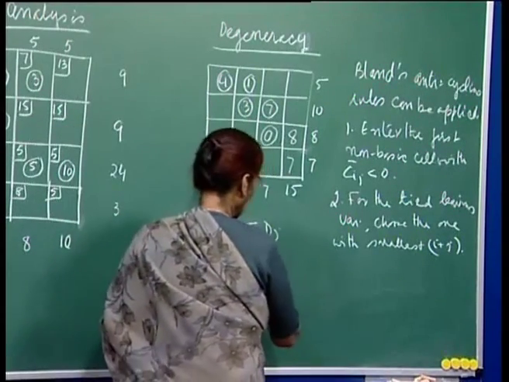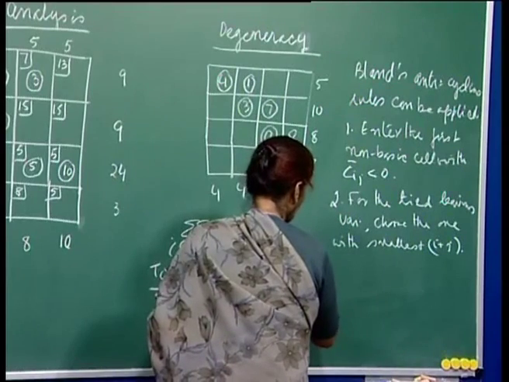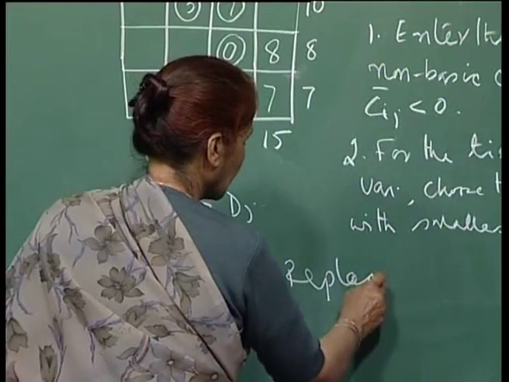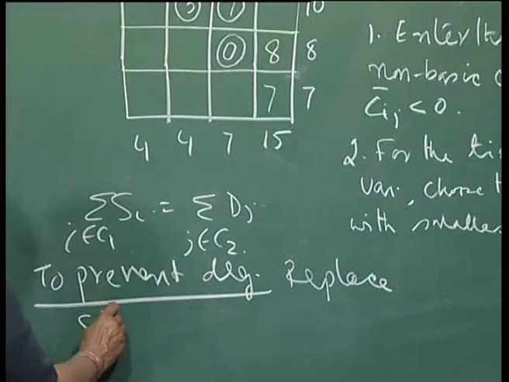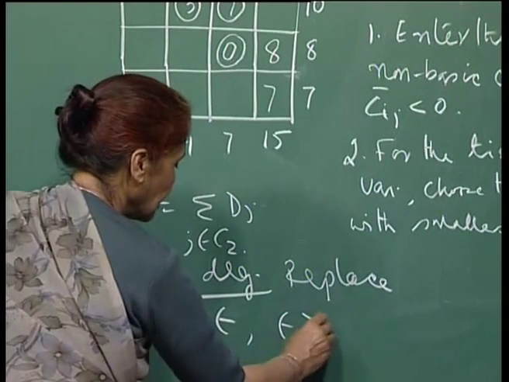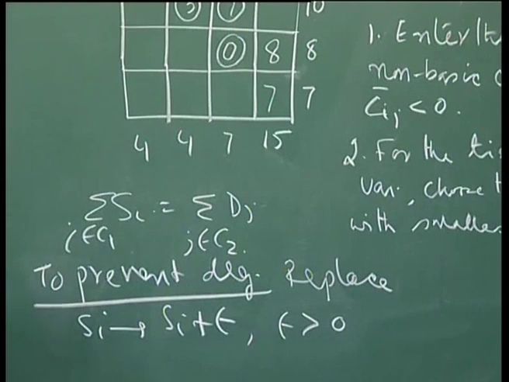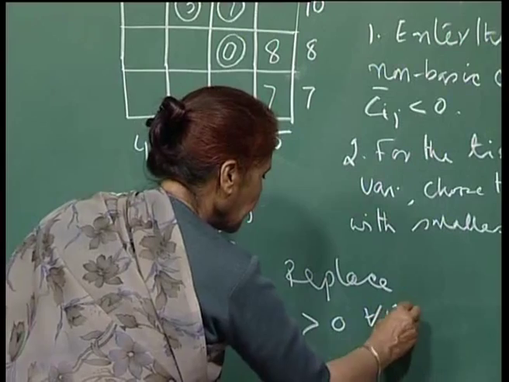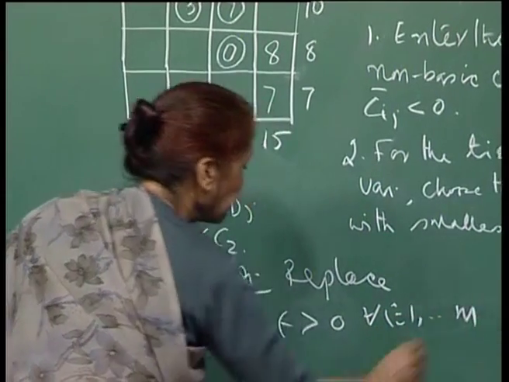To prevent degeneracy, replace Si by Si plus epsilon, where epsilon is greater than 0, some proper choice you have to make, for all I varying from 1 to m.